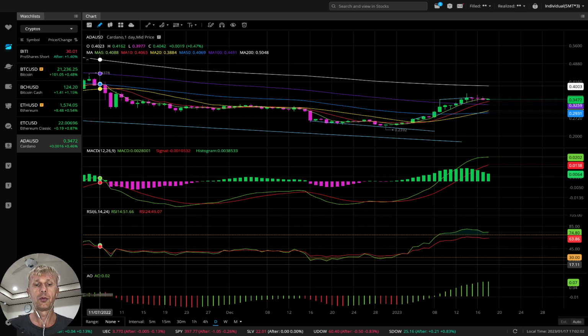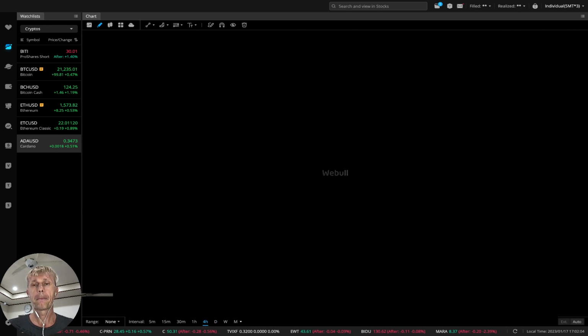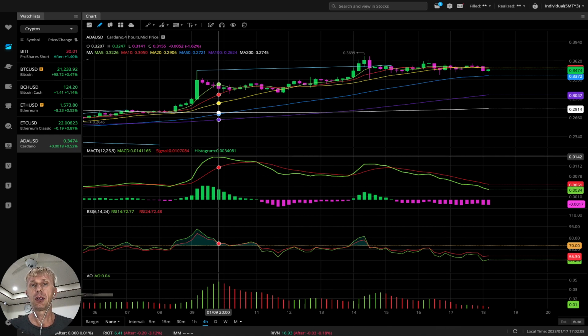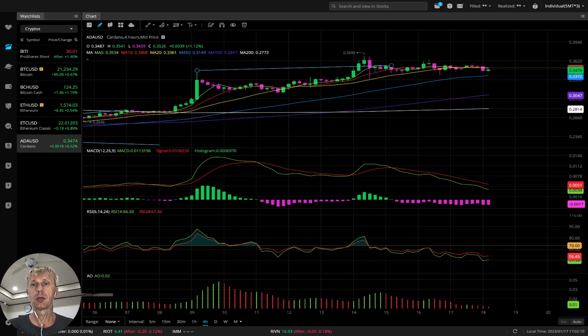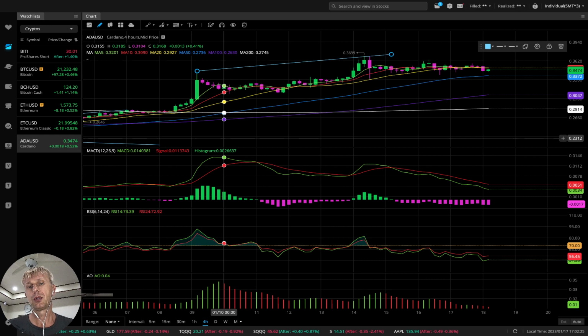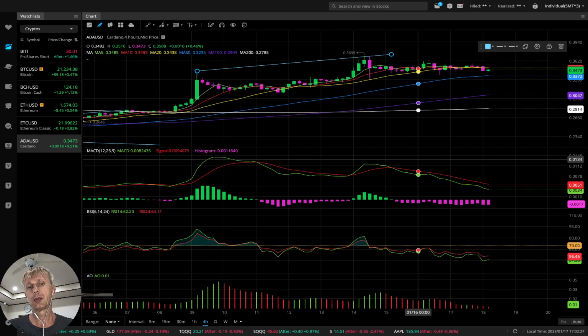Let's move to 4 hours. On 4 hours, it has bearish divergences, right? You look at it, it started here. It's an uptrend, but the direction on the MACD is downtrend.